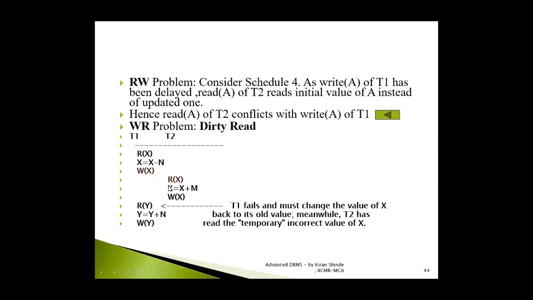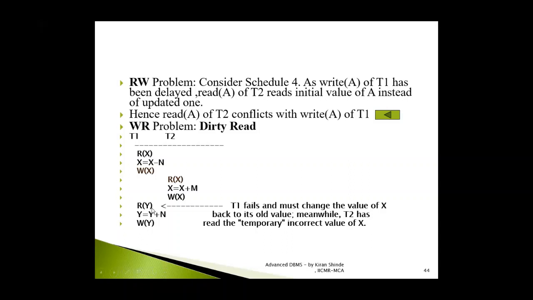Now, T2 has read the updated value of data item X. Then it has applied some operation in order to update data item X and written back that value with the help of a write operation.